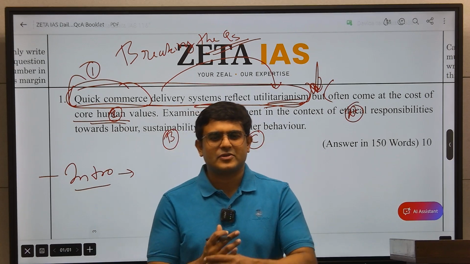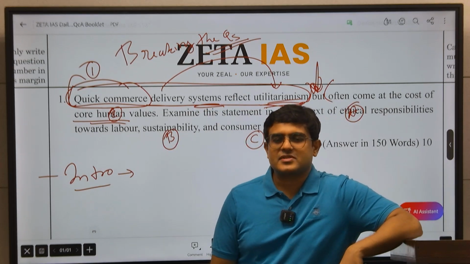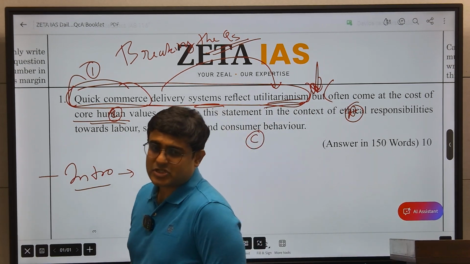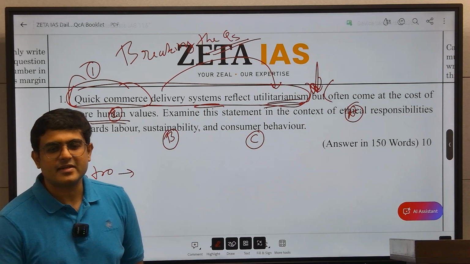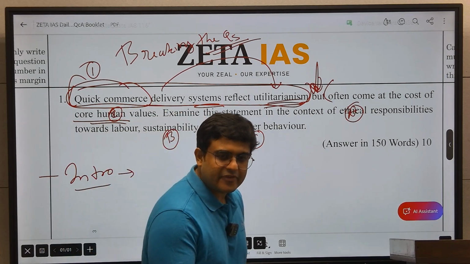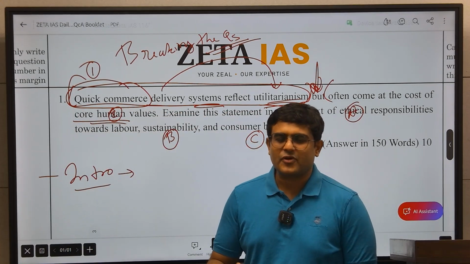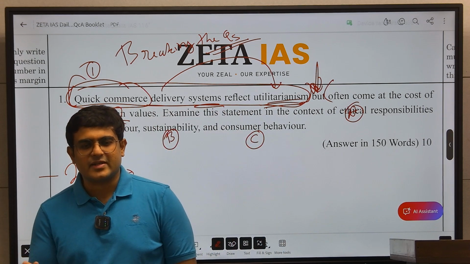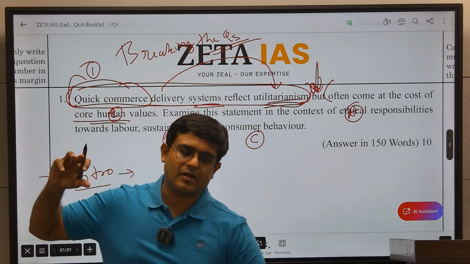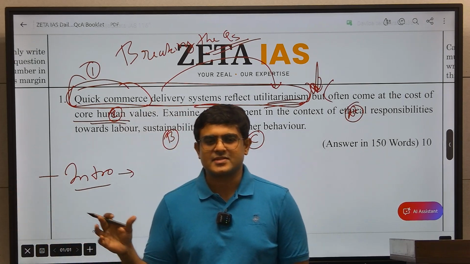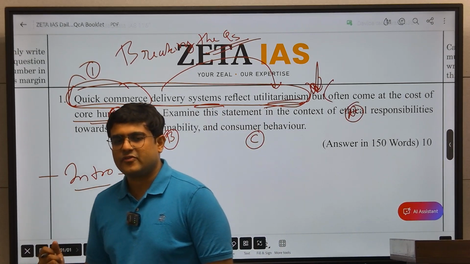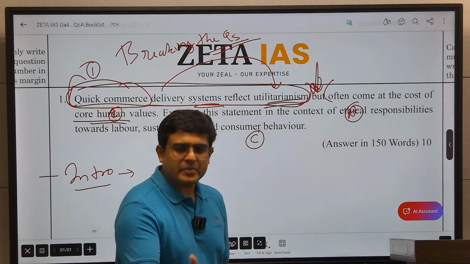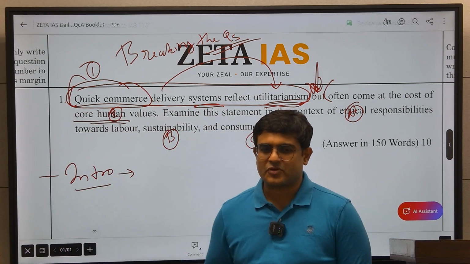So you write in the introduction, quick commerce reflects utilitarianism as it seeks to maximize the pleasure of consumers by instant delivery, instant gratification, greatest good for greatest number of people. Who is benefiting? Consumer is benefiting, instant delivery. Corporates or the quick commerce agencies are benefiting by way of profit and generating employment for the people. So greatest good for greatest number of people.